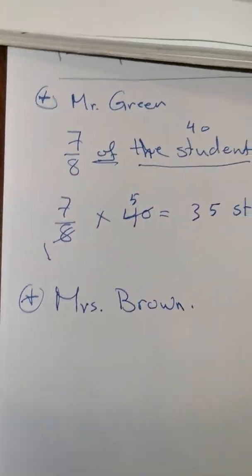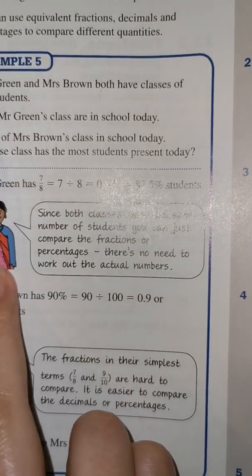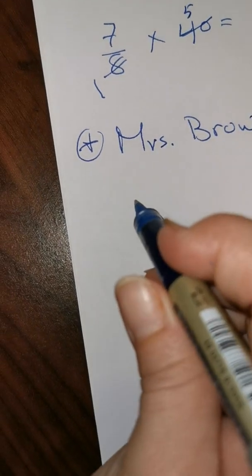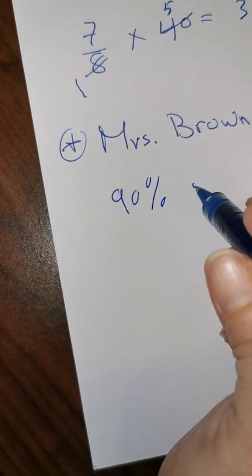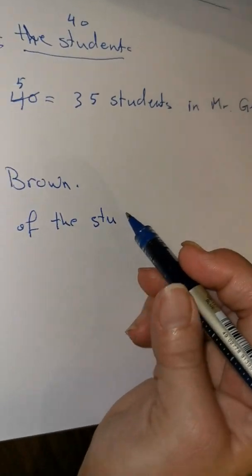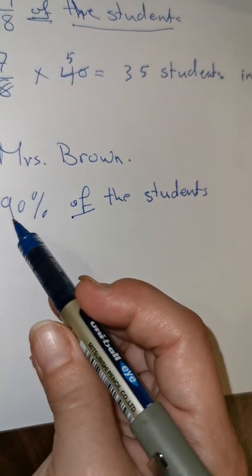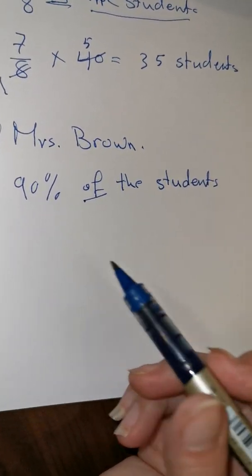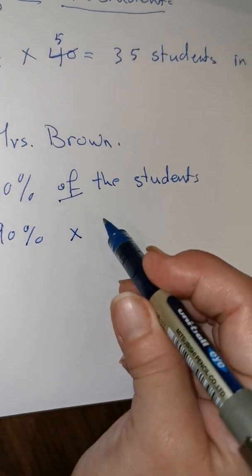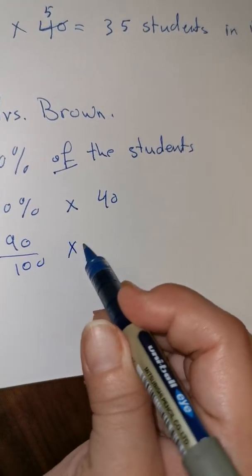Mrs. Brown has 90% of the student. Again, 90% of the student. We have of percentage and the number of the students, so you will need a multiplication. 90% of the 40 student. 90 over 100 times 40.